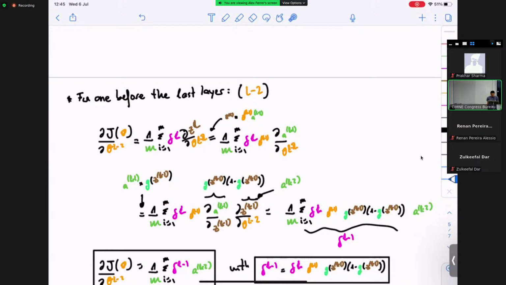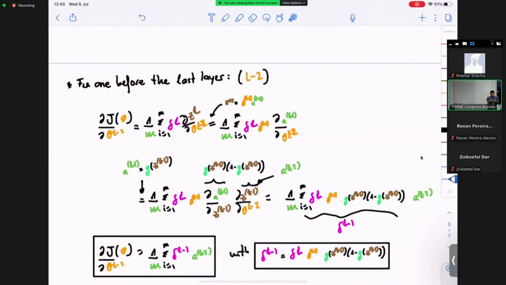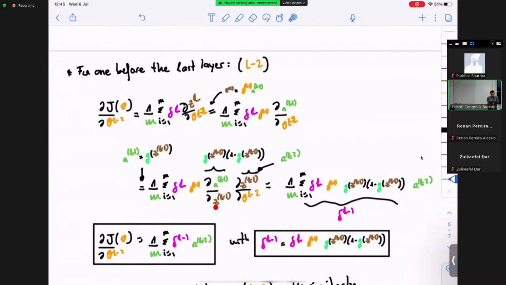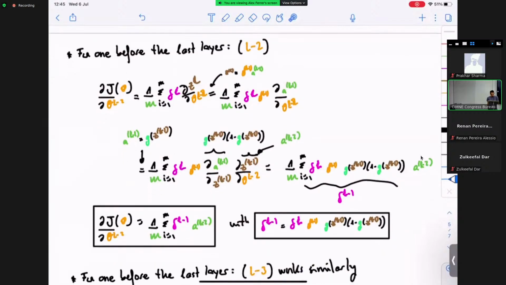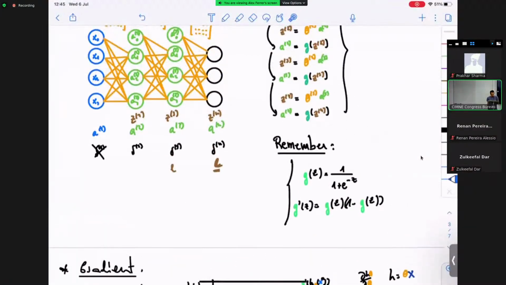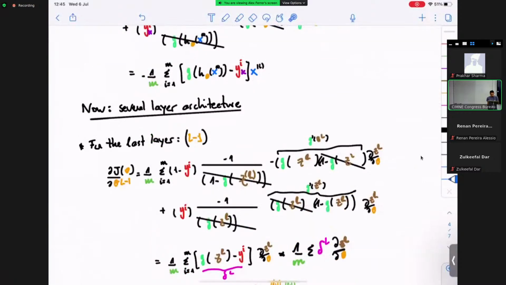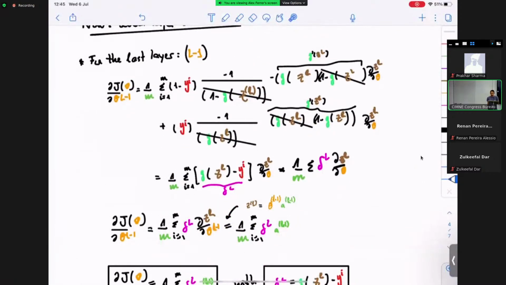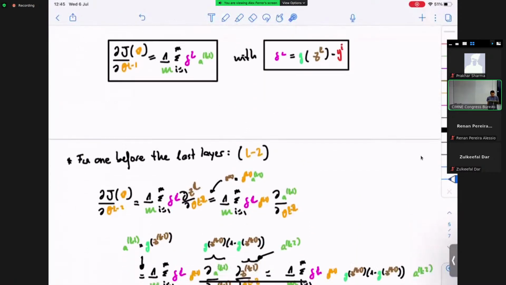Now, instead of having G and 1 minus G, you will have the derivative of A with respect to Z times the derivative of Z with respect to L minus 2. Okay, this is G and 1 minus G. And the derivative of L minus 1 with respect to L minus 2 is precisely this A, which was X here, or which was L minus 1 before.